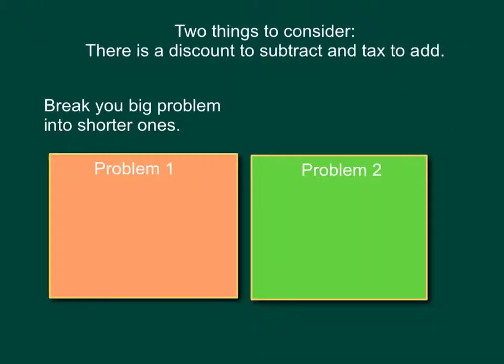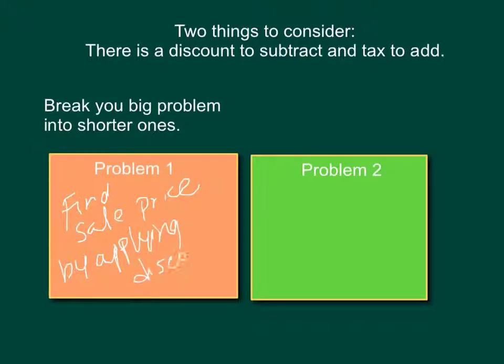Now, I don't know about you, but that seemed like a really, really big problem. So when you encounter problems like that, where you have a sale price and a tax amount, you want to break that kind of a larger problem into two shorter ones. So the first problem is to find the sale price by applying the discount. So that's the first problem.